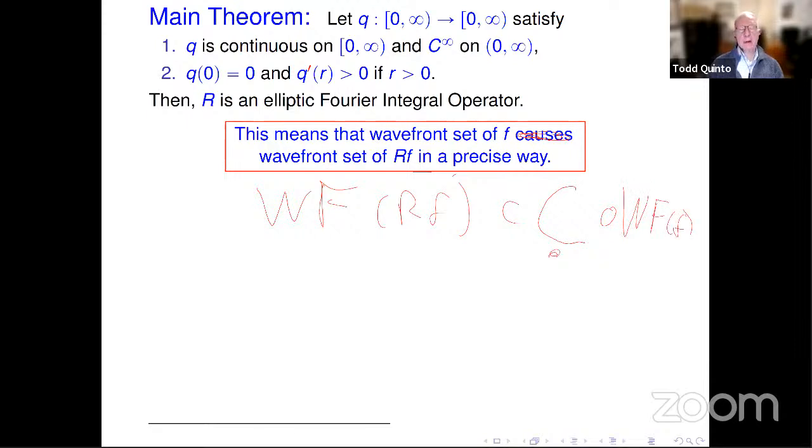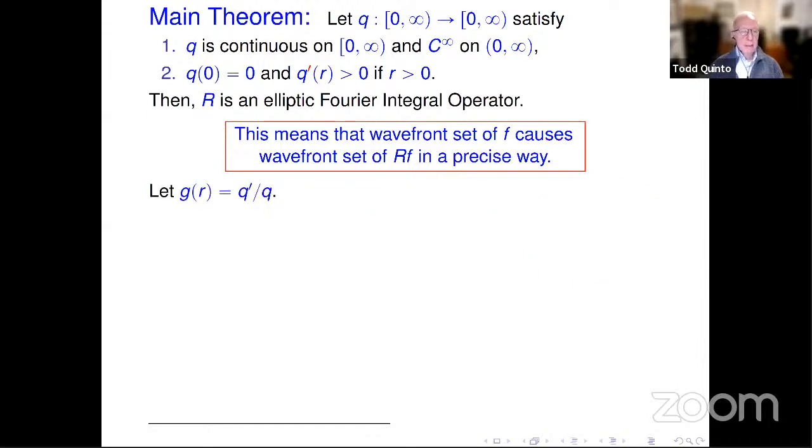This C is the canonical relation of the Radon transform. But if you don't know that, it's sufficient to say that knowing the wavefront set of f and knowing some relations well defined by psi, you can say that the wavefront set of Rf doesn't go outside the right-hand side here. Good. Now, this is pretty standard.